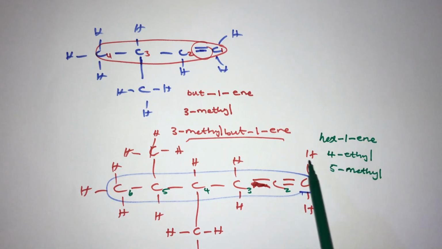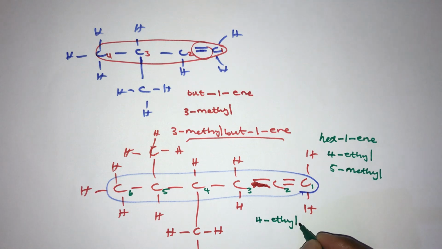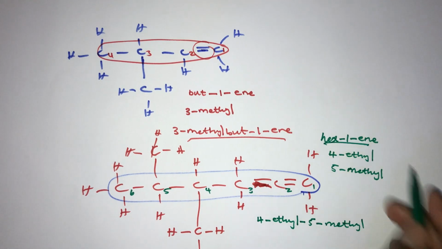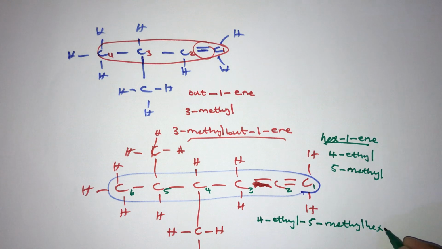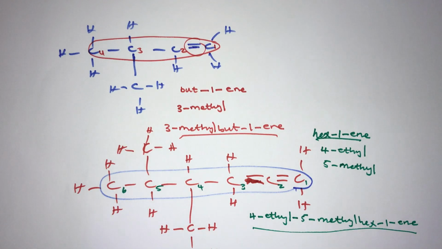That means we must start with E. So now this is the name: 4 dash ethyl dash 5 dash methyl. Then we combine the name, hex-1-ene. So now that means this is the name for this structure.